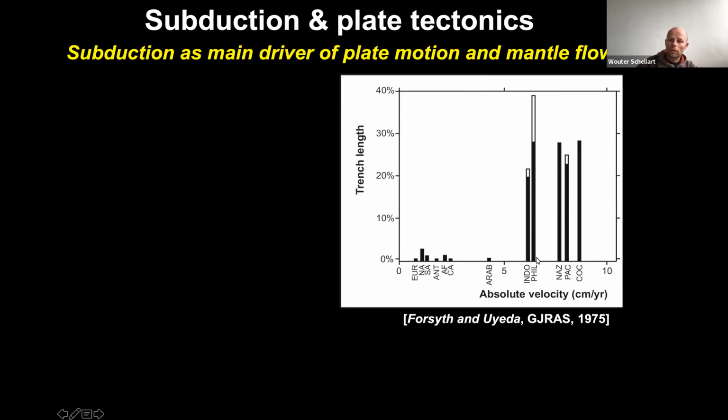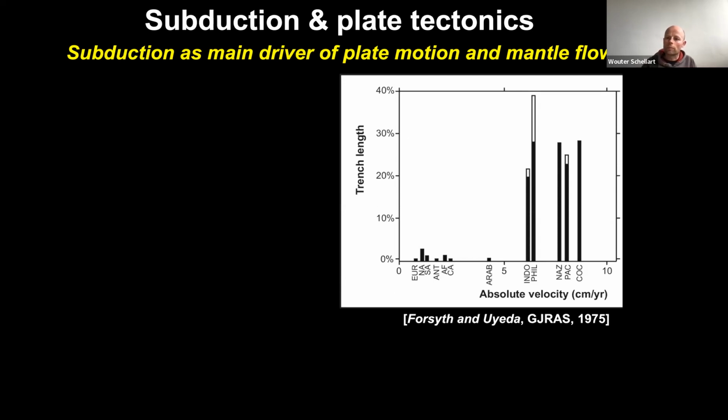And now we can clearly see here the plates with very high average absolute velocity have a significant percentage of their circumference attached to a slab, between, say, 20 and 30% or so. And what we can also see is the plates that have a very low velocity, between, say, 1 and 2.5 centimeters a year or so, like Eurasia, North America, South America, Africa, Antarctica, and the Caribbean, generally do not have any slab attached to them.